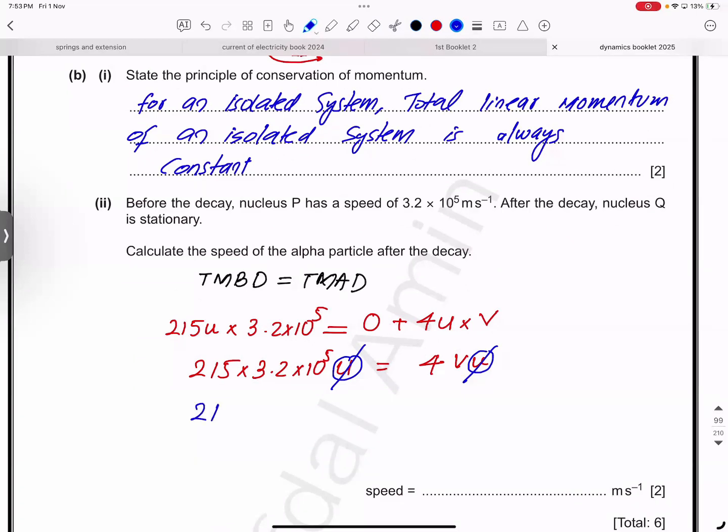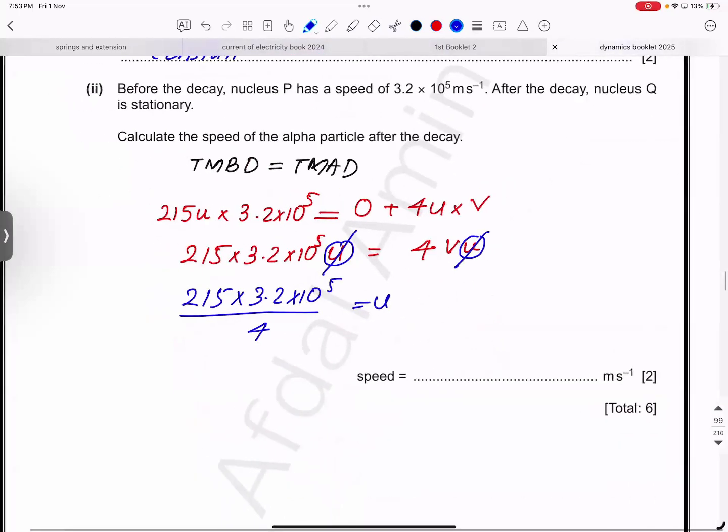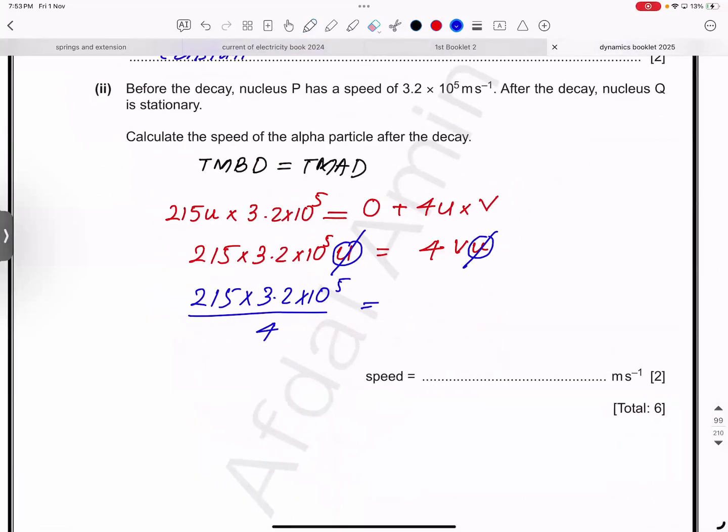So 215 times 3.2 times 10 to the power 5 over 4 gives 1.7. You should write 2 significant figures as per the given data, but one more is fine.